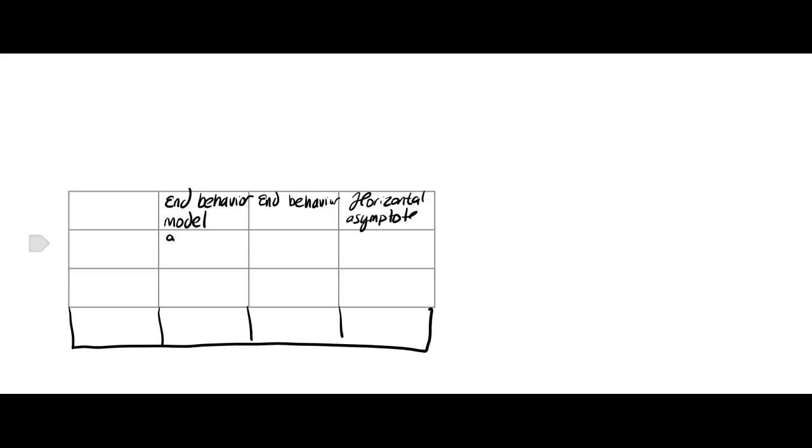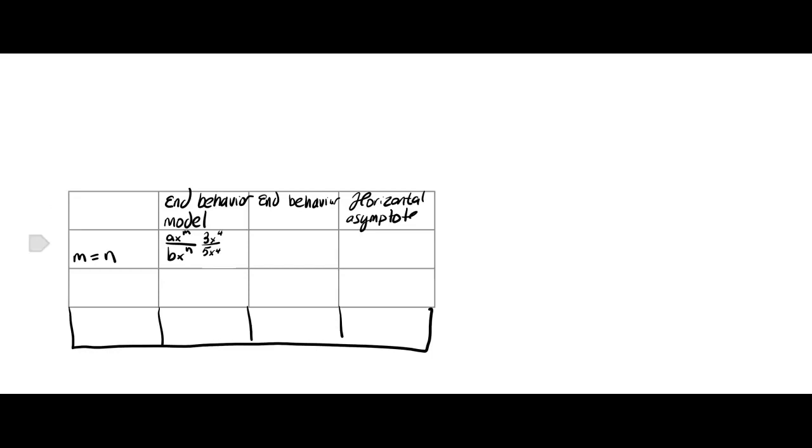Alright, so we've got this whole thing, and I'm like, okay, well what if I've got some a x to the m over b x to the n? Well, in my first case, I'm going to take a look at what if m is equal to n. So in this case, I would have something like 3x to the 4th over 5x to the 4th.